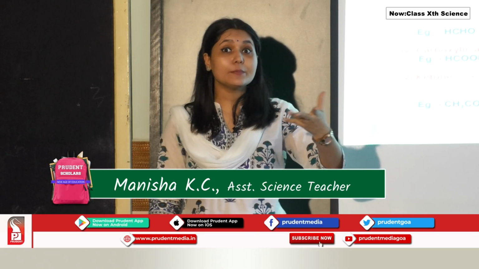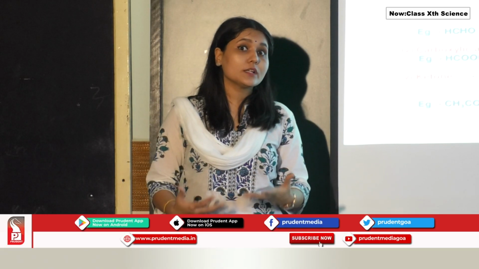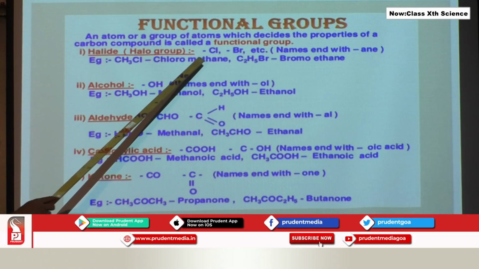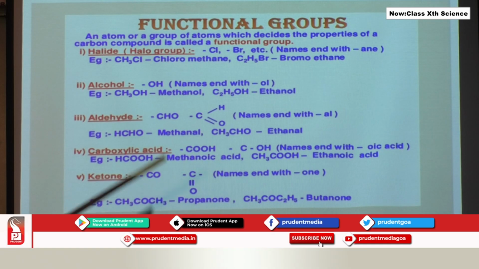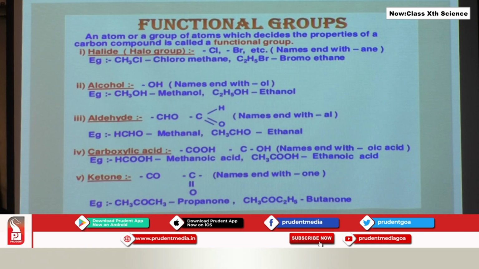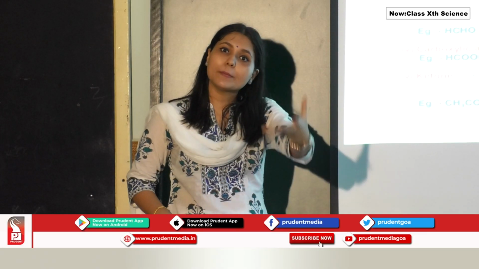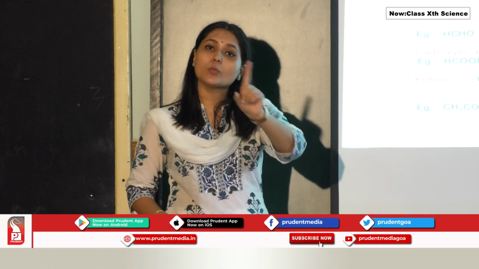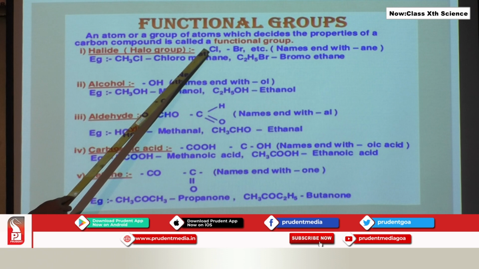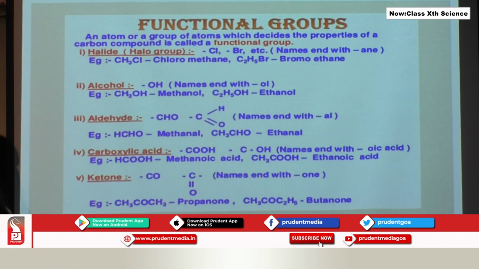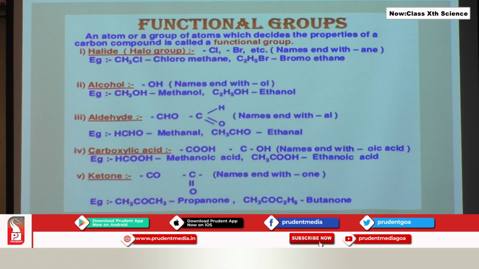Because when it will be attached to a carbon compound, it is going to end with the sound O. So we are not going to call it as chlorine. And this line that is being drawn, it has a purpose because it is going to get bonded to the main carbon compound via a single bond that is being shown over here. So we are having chloro, bromo, iodo, fluoro, and so on.